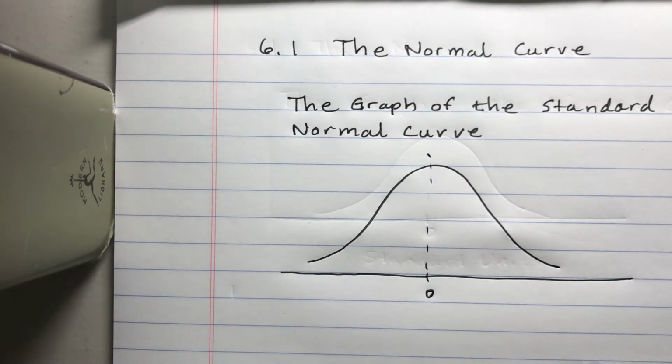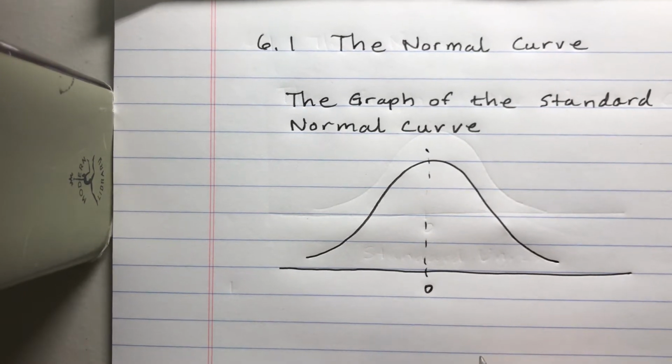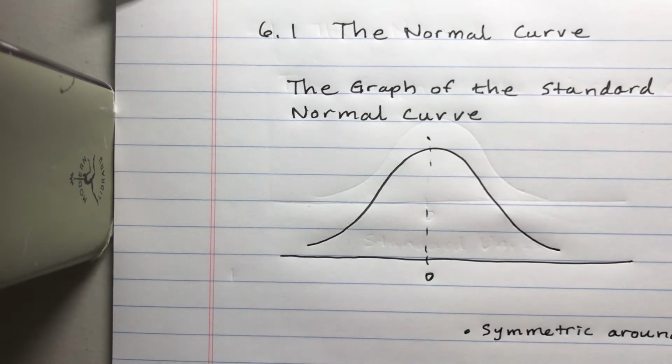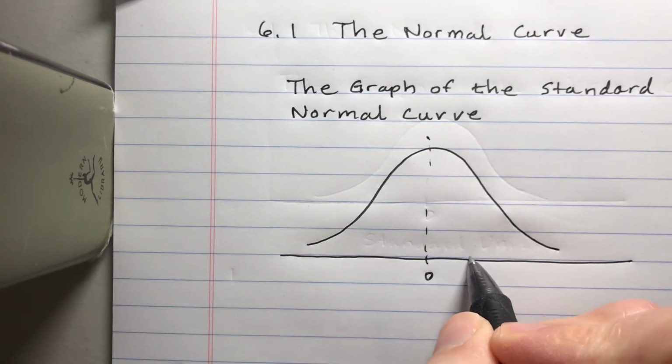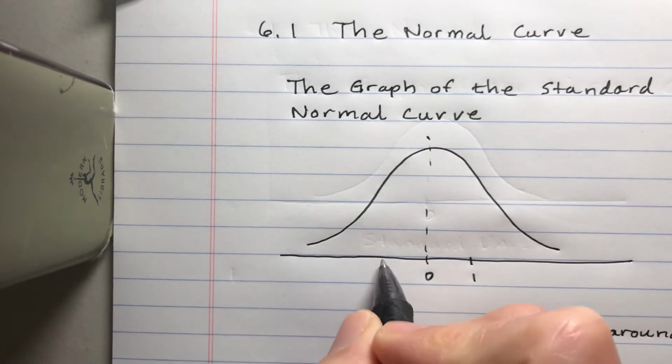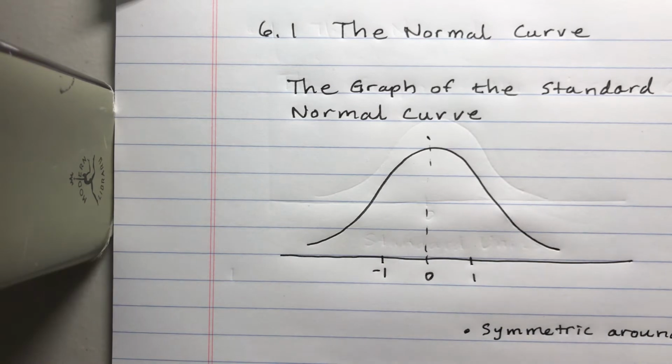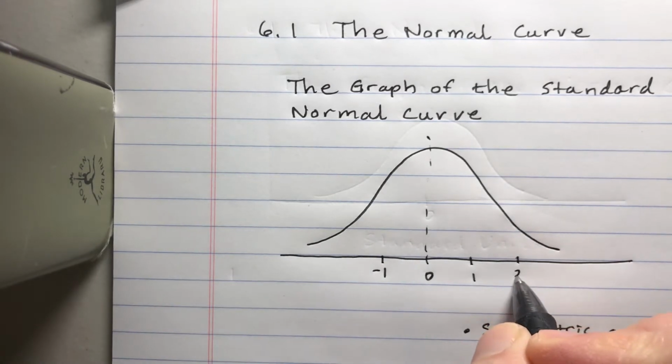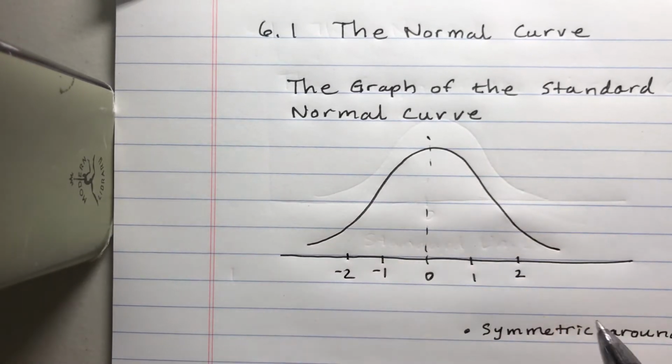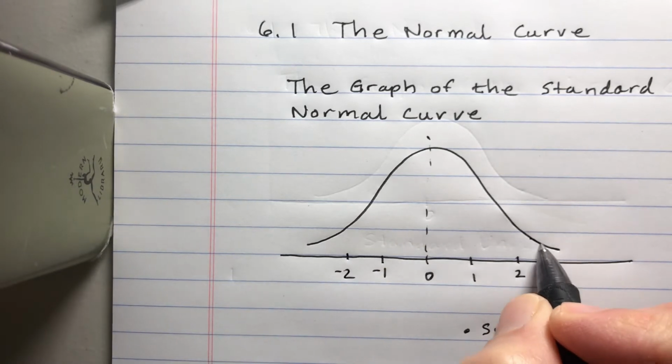First of all, it's symmetric around x equals 0. Now this really is an approximate drawing, so it's a little bit dangerous. We could put this in a computer and get a much better drawing of this.